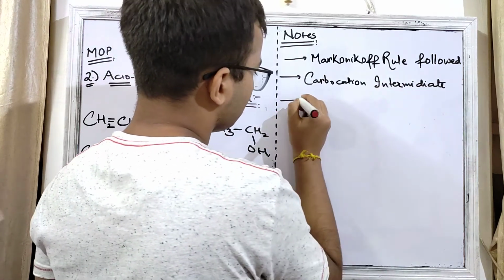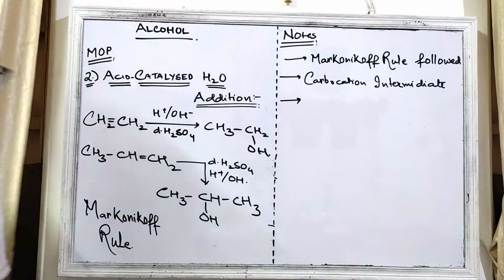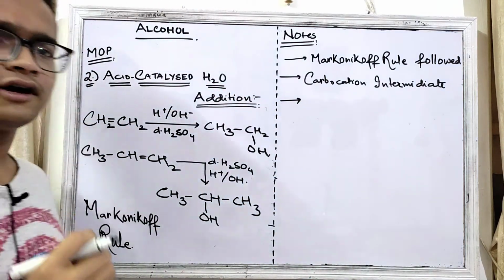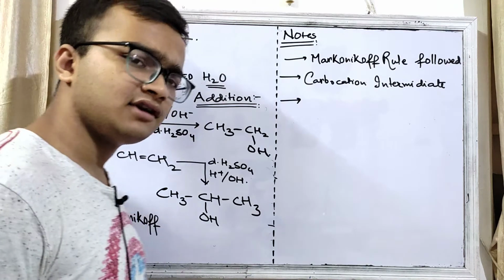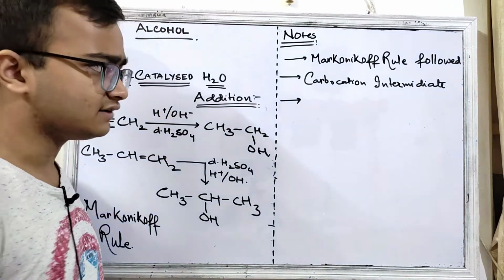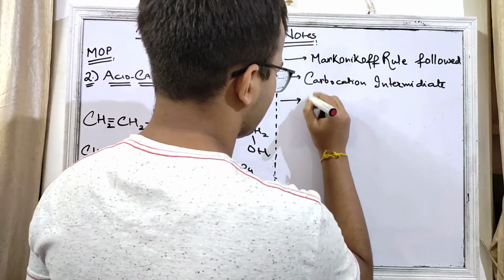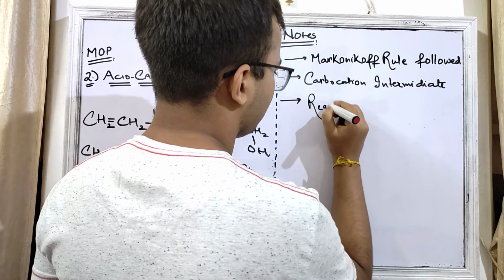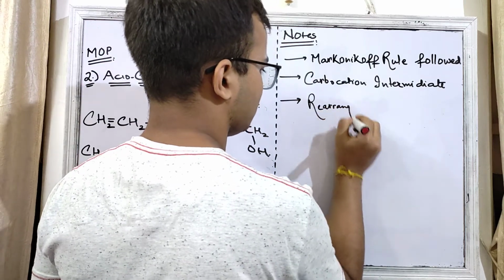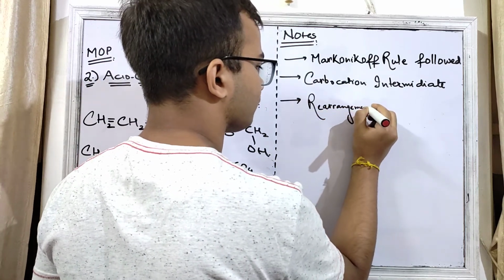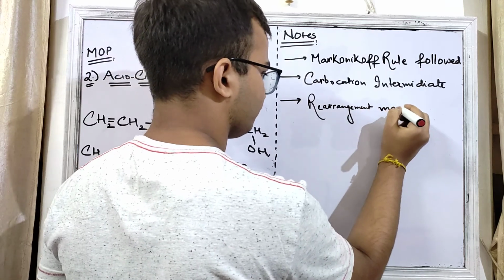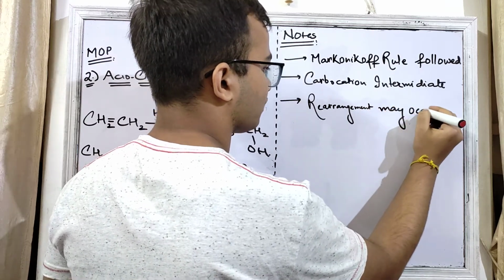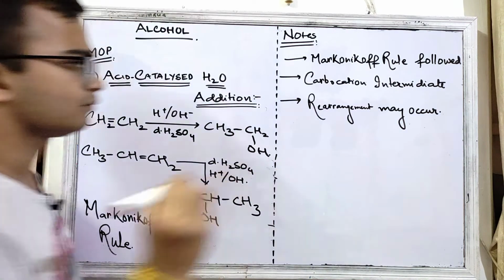The next point is, since there is a production of carbocation intermediate, it will prefer stability. So to attain the stability, there is a possibility of rearrangement to occur. Rearrangement may occur. Clear?